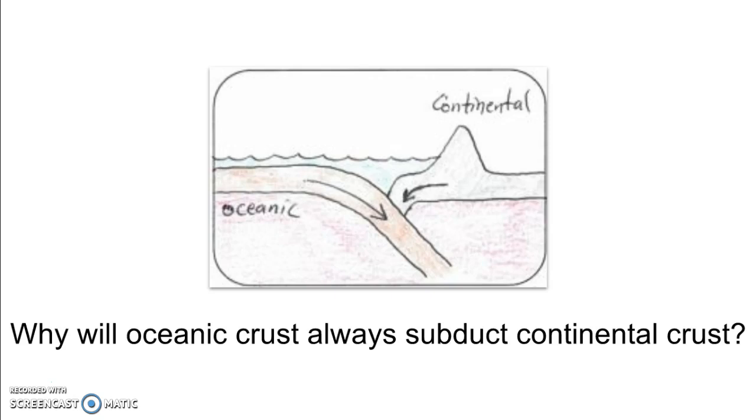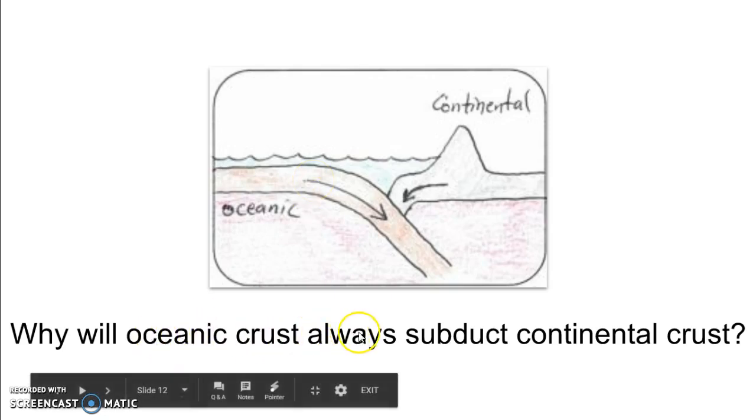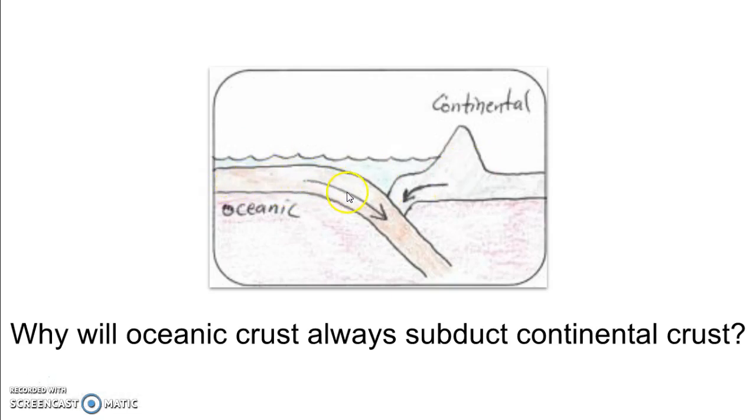Why will oceanic crust always subduct continental crust whenever there is a convergent boundary, and continental will not subduct oceanic? How come it's oceanic crust subducting continental and not the other way around? Well, the answer here is the oceanic crust is more dense than the continental crust.